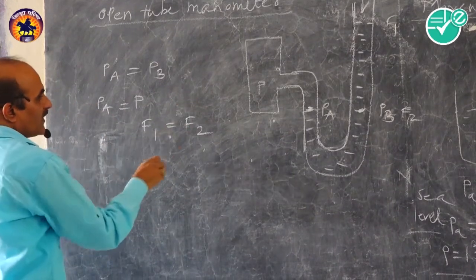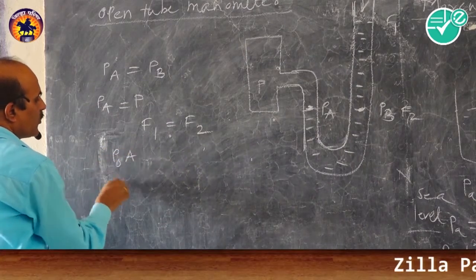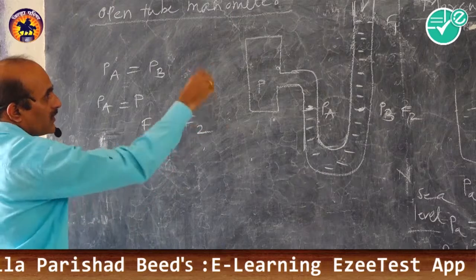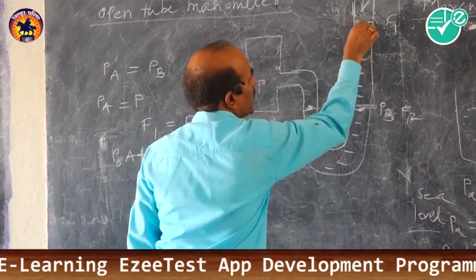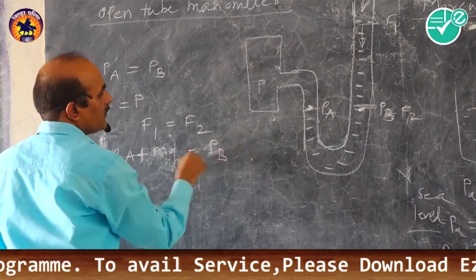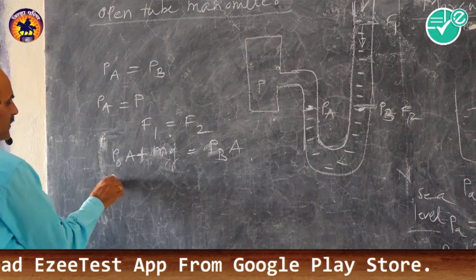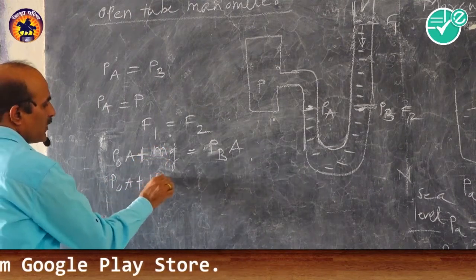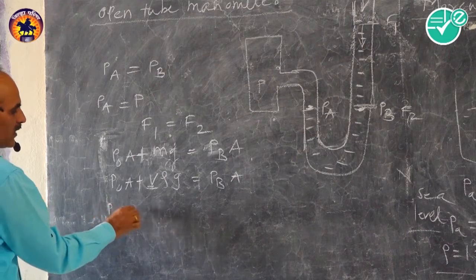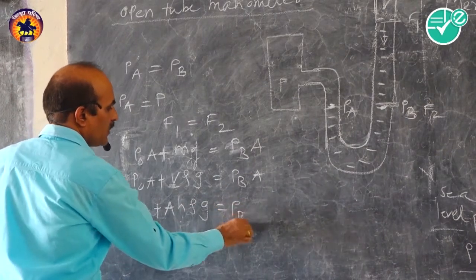F1 is P0A plus the weight mg in the downward direction, the weight of this liquid column, and F2 is PB into A. So the equation can be written as P0A plus mass, which is volume into density, into g, equal to PB into A. The volume is area into height, so P0A plus A h rho g equals PB into A.